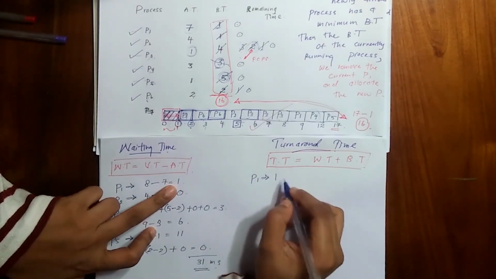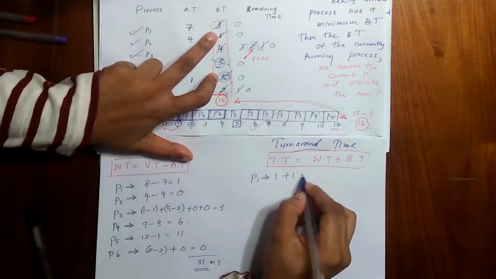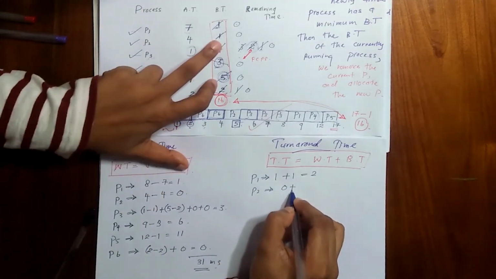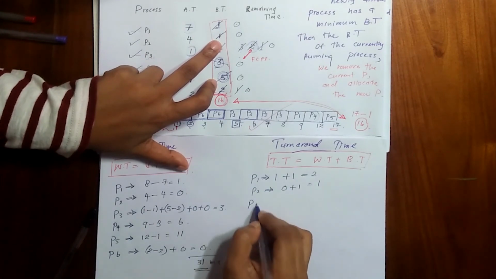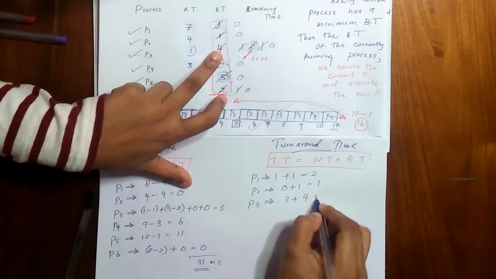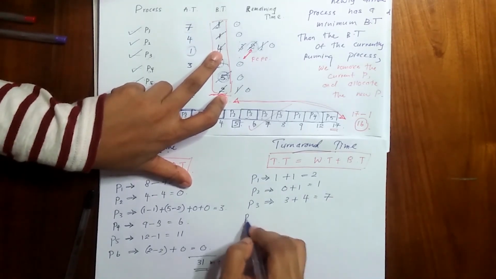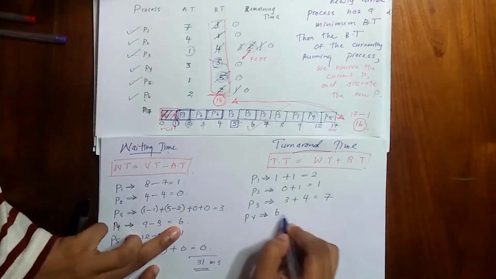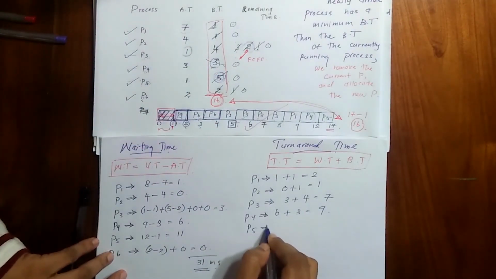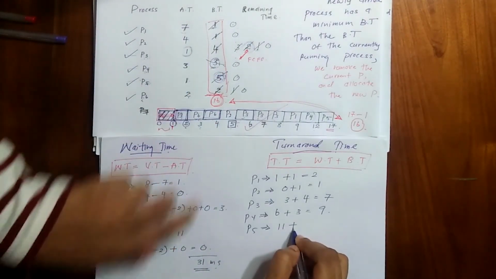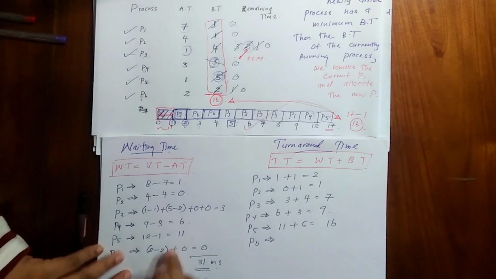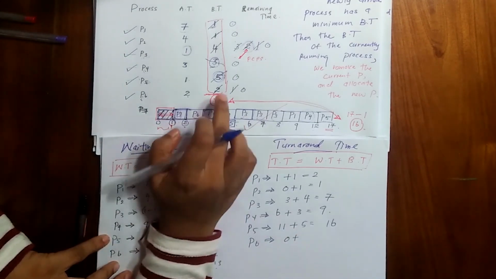Waiting time is 1 plus 1, which is 2, and then P2, 0 plus 1, and then P3, 3 plus 4, which is 7, then P4, 6 plus 3, P5, 11 plus 5, 16, and then finally P6, 0 plus 2.